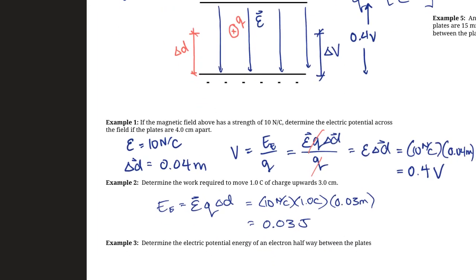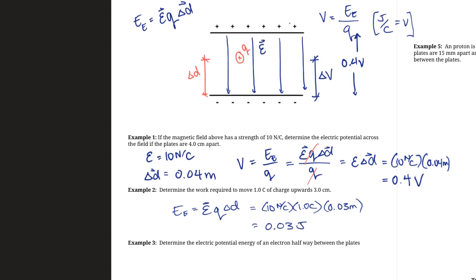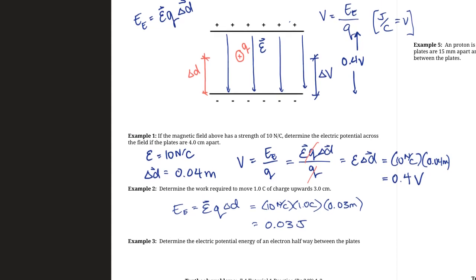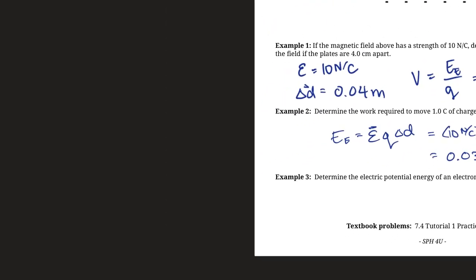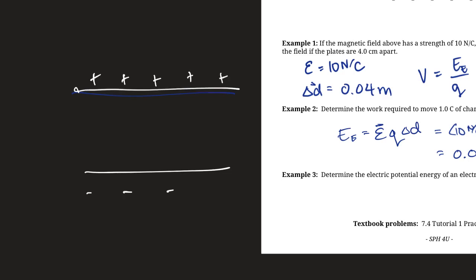Okay, and then example 3. Determine the electric potential energy of an electron halfway between the plates. So what's going to happen if we place an electron between the plates? I don't want to muddy up that sketch up there, so I'm just going to make a quick one over here. We know this is the positive plate and this is the negative plate.